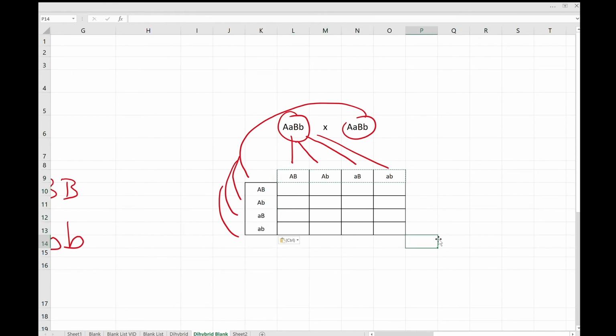That worked. And then you'll see that if we do the long way, we fill in all the combinations of gametes. Bam.